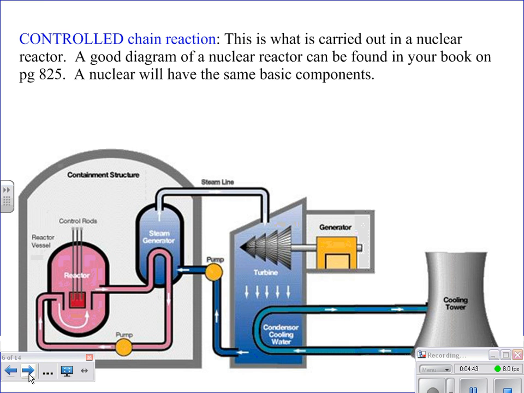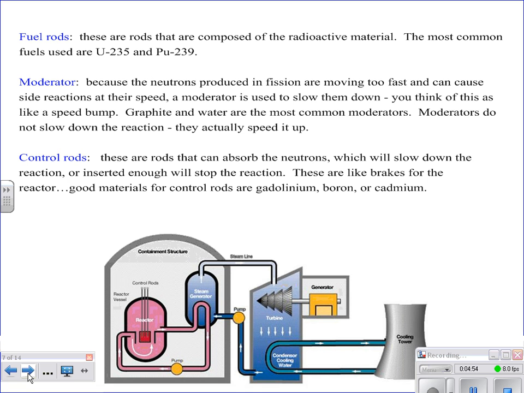Okay, then we have our controlled chain reactions, and the way we see these are in nuclear reactors, and there are different parts to the nuclear reactor that you should be familiar with. And again, you can read these in your book and in your notes, but I will hit a couple of the important things. Fuel rods, that's just going to be your radioactive isotopes.